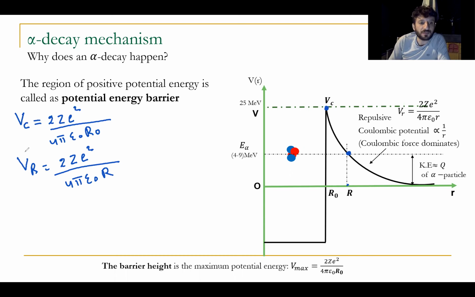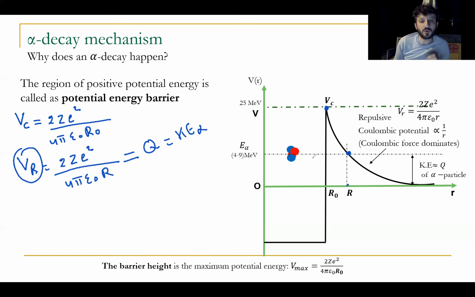At this point, this value equals the Q value, or the kinetic energy of the alpha particle. I will talk in the next slide about how we can have the alpha particle outside the barrier.